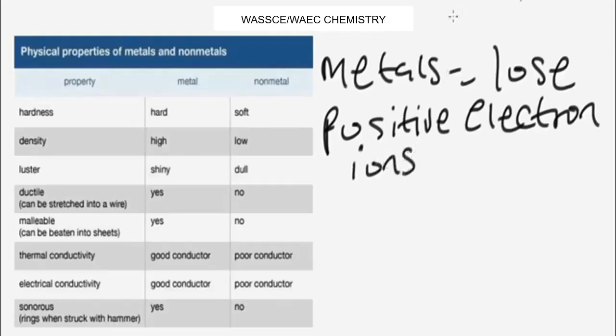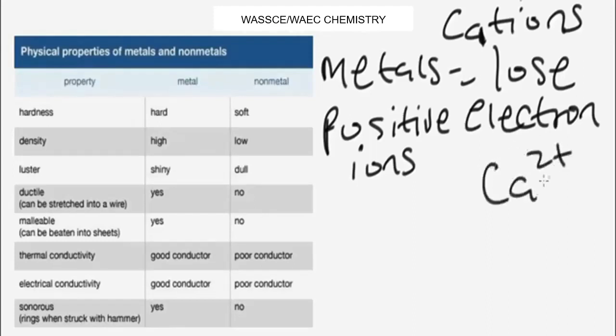Positively charged ions are called cations. So you can call metals cations, and examples of metals include elements in group 1 and group 2 of the periodic table. They include our calcium ion, our sodium ion, our potassium ion, and the rest of them.